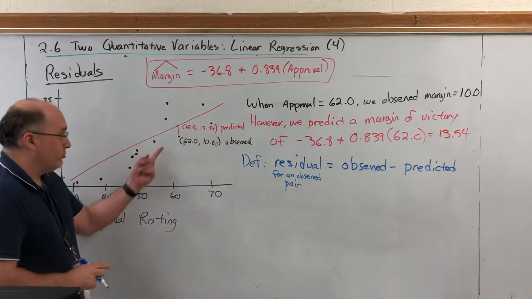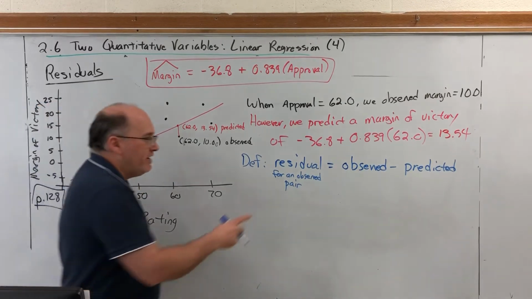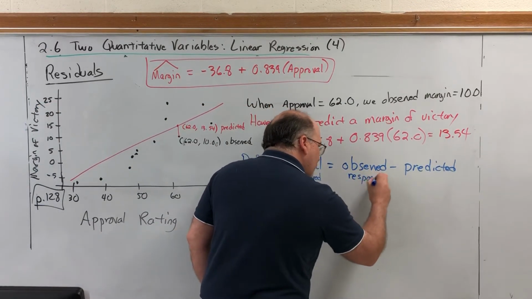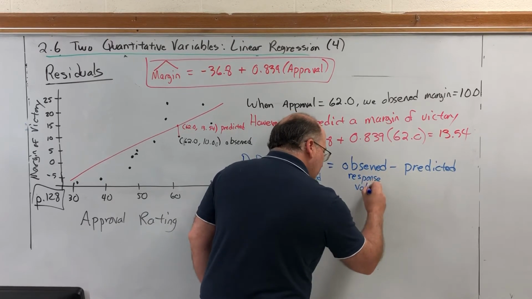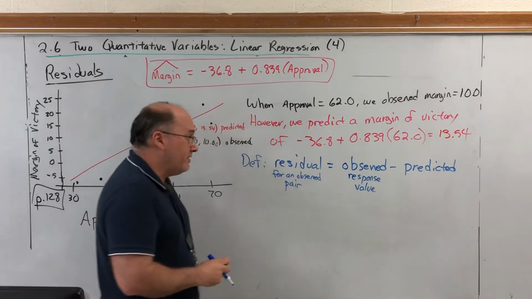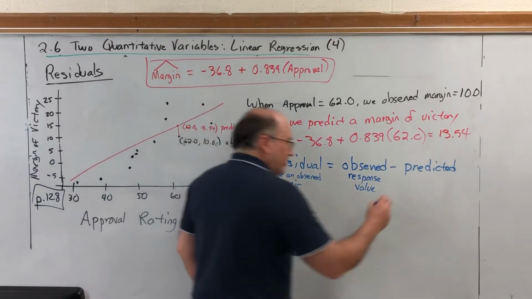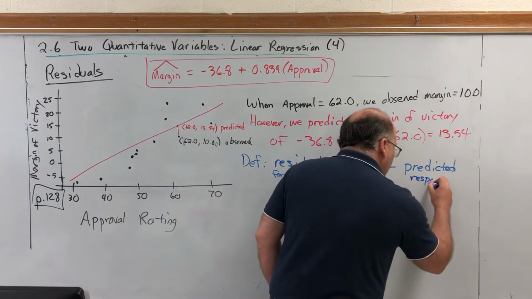So in this case, the residual for this point is the observed response value, the second coordinate that we observed, minus the predicted response value.